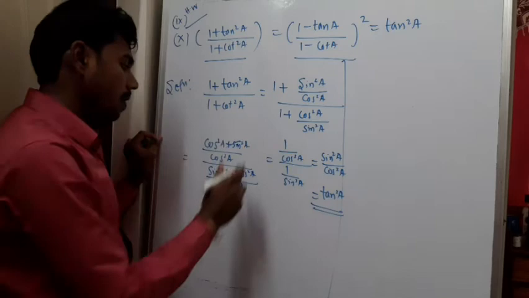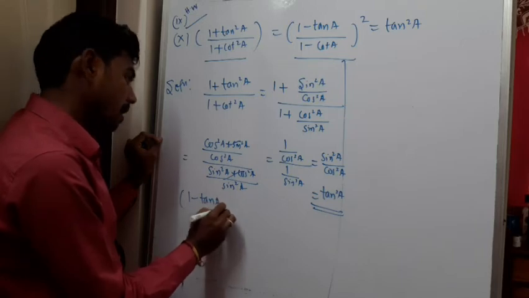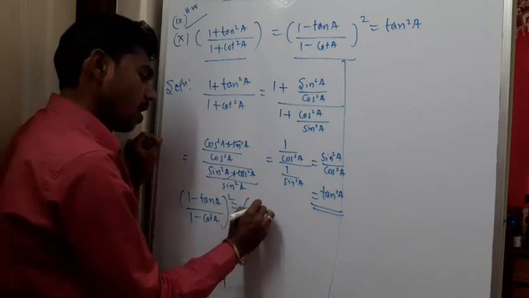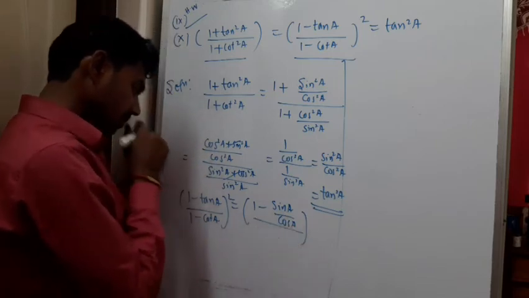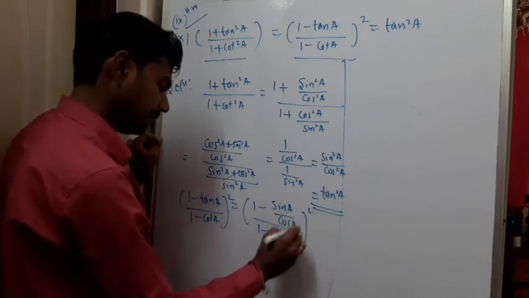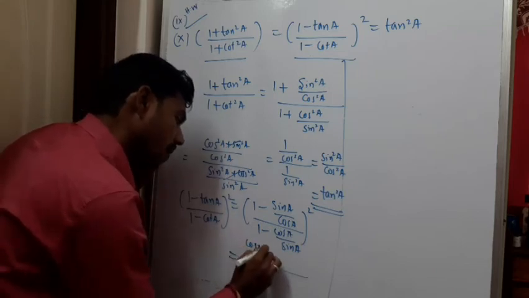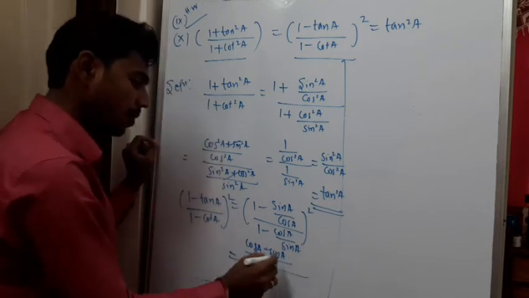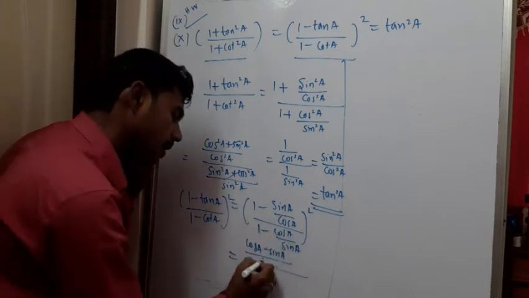Okay. Next, we have 1 minus tan A divided by 1 minus cot A whole square. So it can be written as 1 minus sin A by cos A divided by 1 minus cos A by sin A, whole square. This can be written as cos A minus sin A divided by cos A, because I am going to take cos A as the LCM in the numerator.